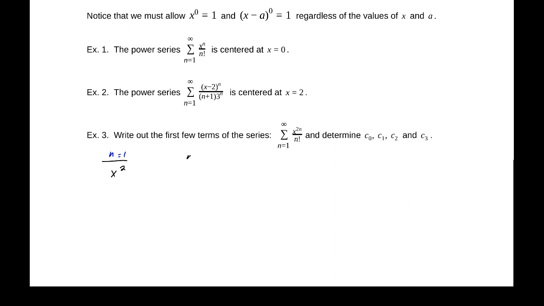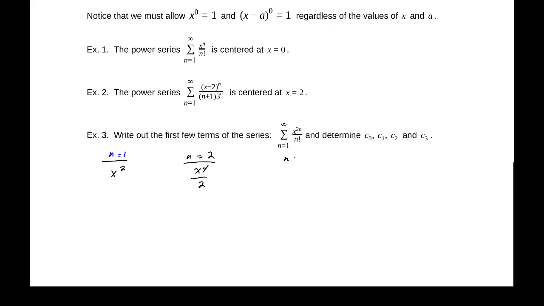If n equals 2, this will be x to the 4th over 2 factorial, so that is just 2. If n equals 3, this is x to the 6 over 3 factorial, which is 6. And if n equals 4, this is x to the 8 over 4 factorial, which is 24.